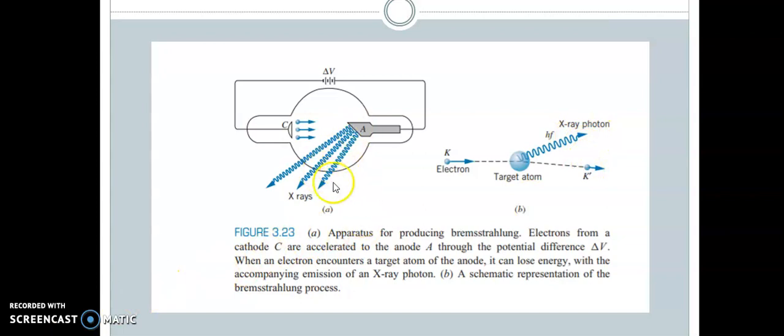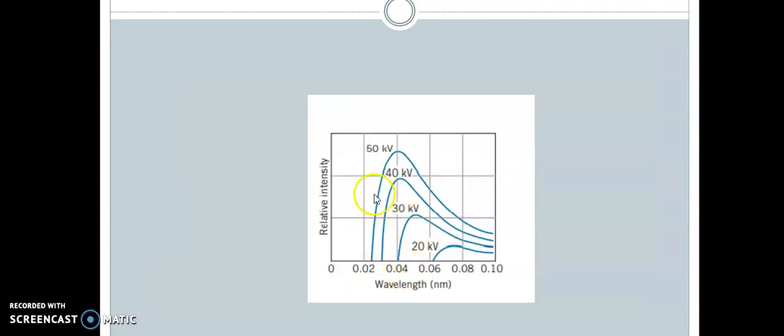The X-rays produced here do not all have the same energy; they have different energies according to the value of K prime. K prime is different for different collisions, and we have a continuous spectrum like this. Many wavelength and energy values exist for a single accelerating potential.